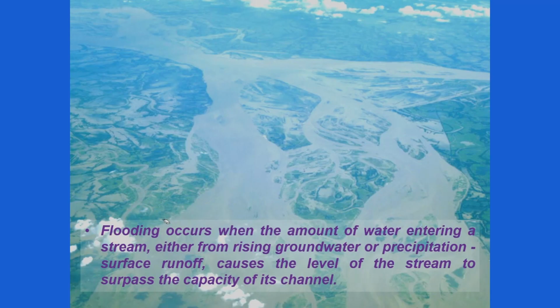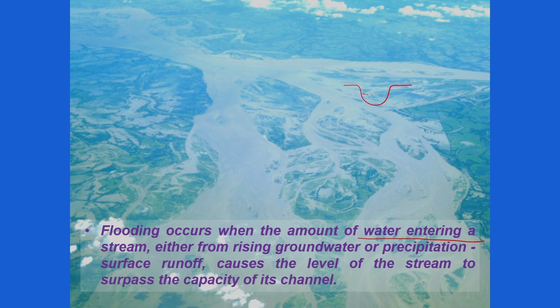So, flooding occurs when the amount of water entering a stream, either from rising groundwater or precipitation, surface runoff, causes the level of the stream to surpass the capacity of the channel, and this is where we should take care of the cross sectional area, okay.